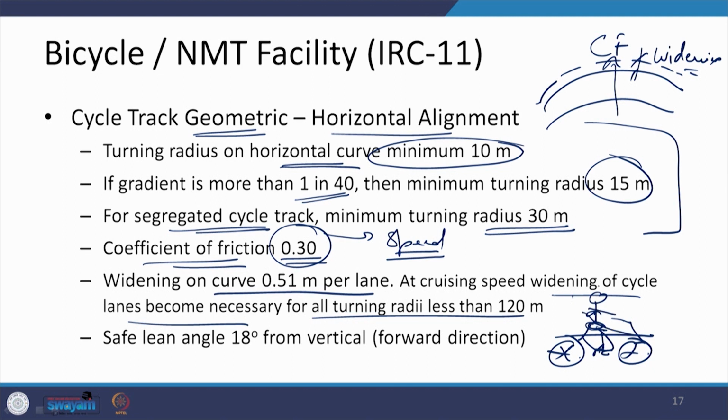So, what is this angle? Is the person going to sit at 90 degrees with respect to the horizontal, or is the person going to make an angle like this? At a cruising speed of say 12 kilometers per hour, the person is going to lean forward, and this is 18 degrees, or if I take it with respect to horizontal, then it is 72 degrees. So, that is how the designs are probably looked at.